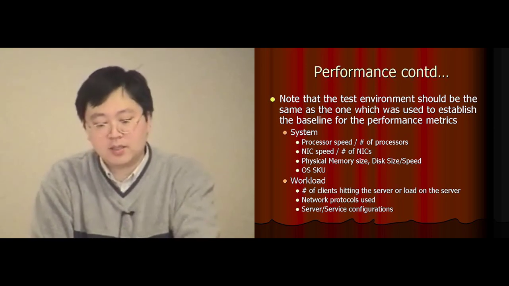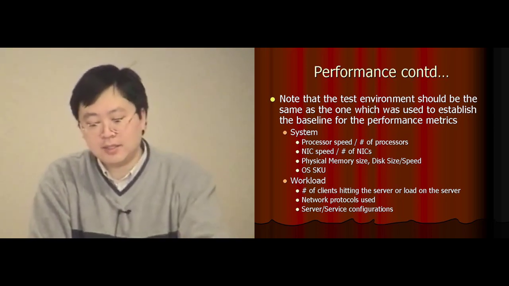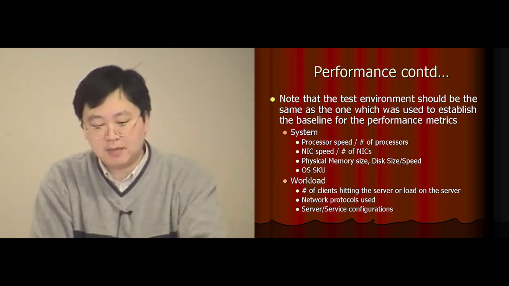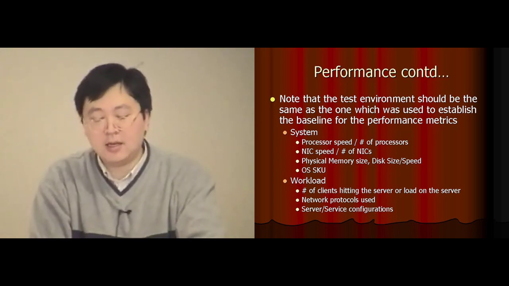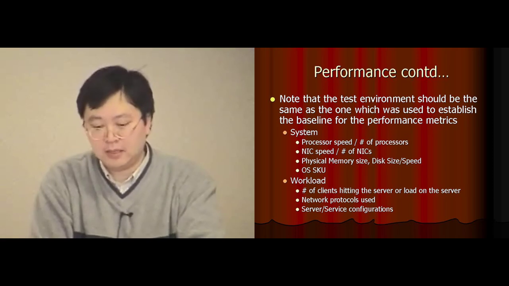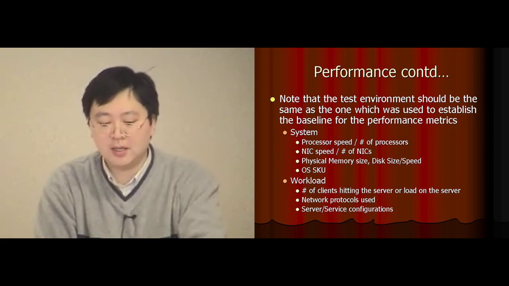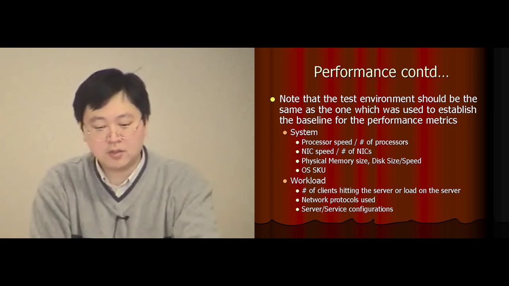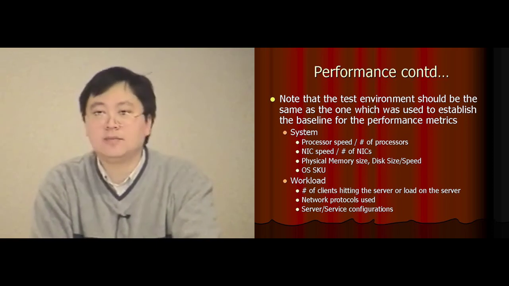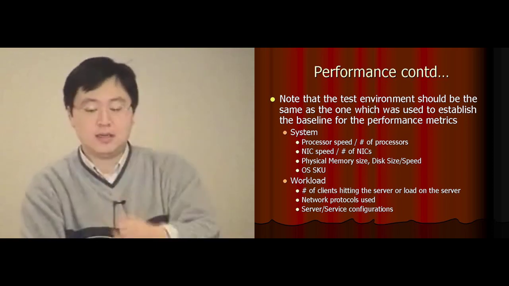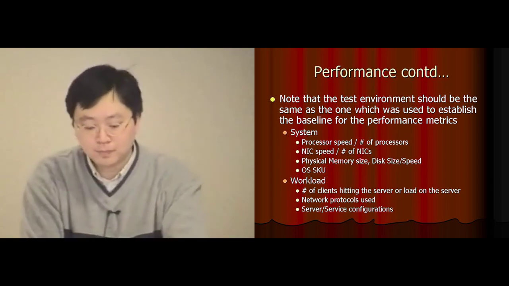So the most focus: when you go to the transition, you should have a system with process speed, number of processors, the network card speed and model of the network card, and the number of NICs in the system. And also physical memory size, disk size and speed. And most important is SKUs, OS SKUs.